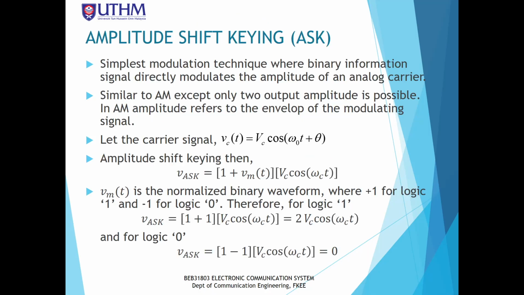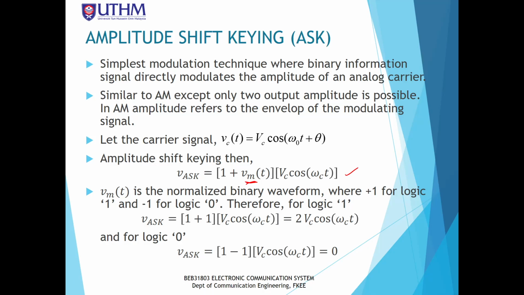So for ASK, amplitude shift keying, we have learned that the general equation is 1 plus VM(t) multiplied by VC cos omega C t. VM(t) is the input, which now has only two possibilities, logic 0 or logic 1.